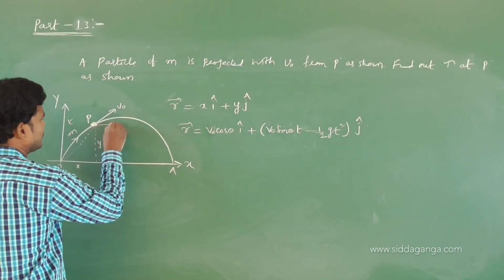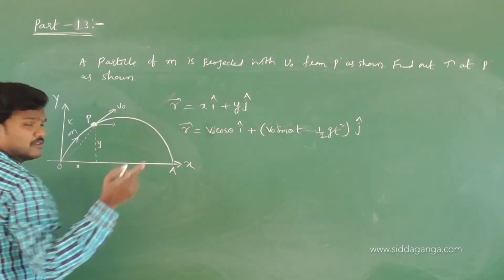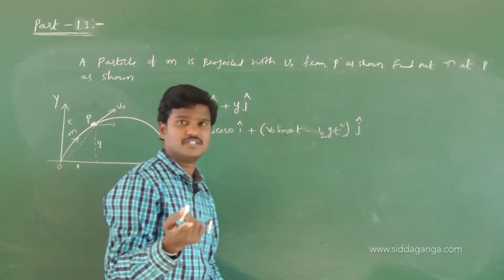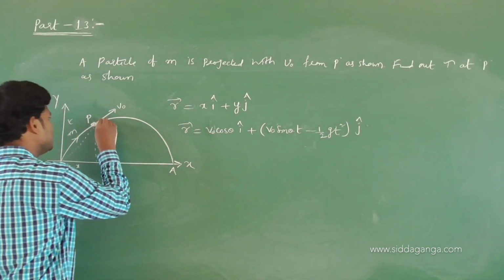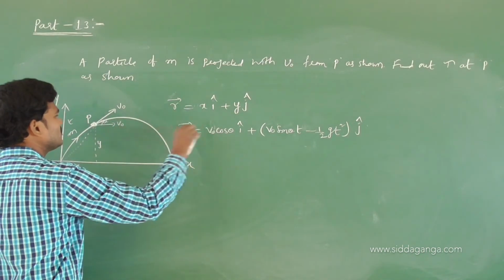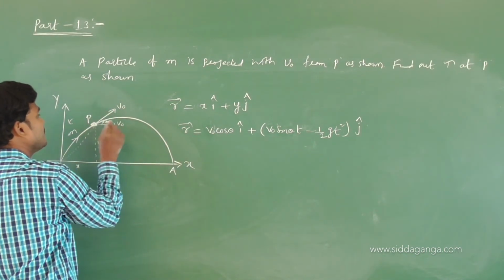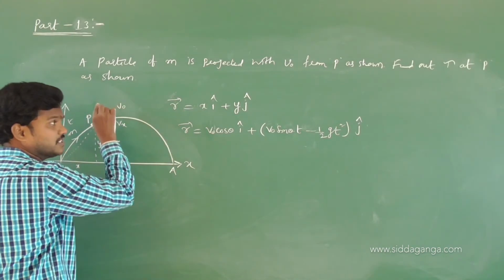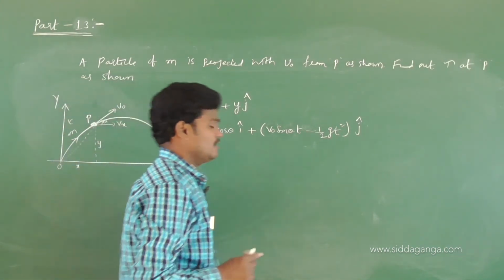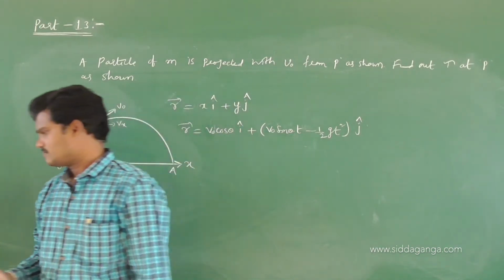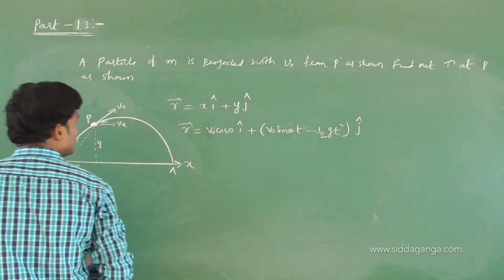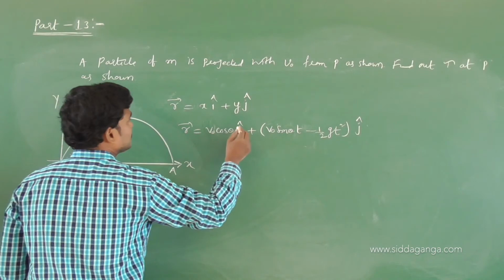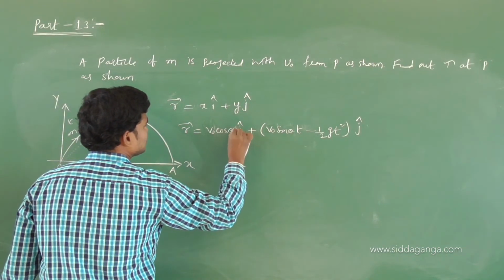This is v cos theta, the horizontal component, which remains constant and never changes. If this is theta, what is this? V naught cos theta, and this is vy. See, this is vx, vy, you know this thing. And see, I have written here only t. X is equal to vt.